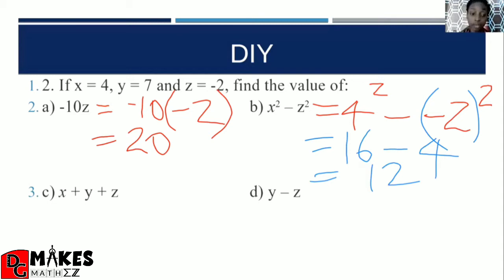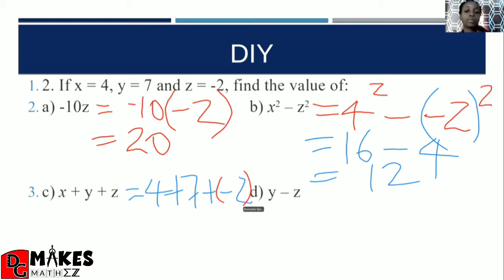We'll move to part 3, and that's going to be x plus y plus z, which is 4 plus 7 plus negative 2. You can use a bracket to separate your negative 2 here.